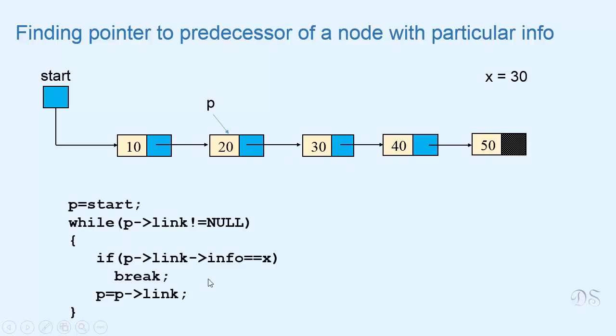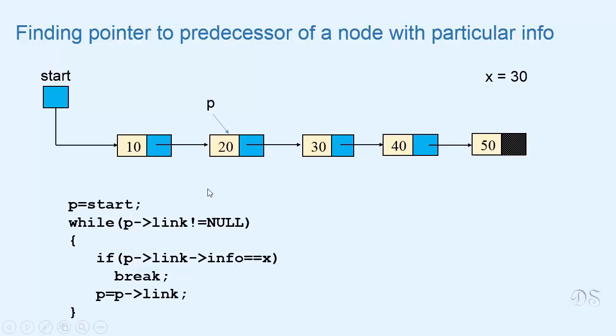So this code will give us the pointer to this node. Here inside the loop, we are checking p link info instead of p info, and this loop condition is p link is not equal to null. So this loop will stop when p points to the last node, because we don't want these loop statements to work when p is pointing to the last node.